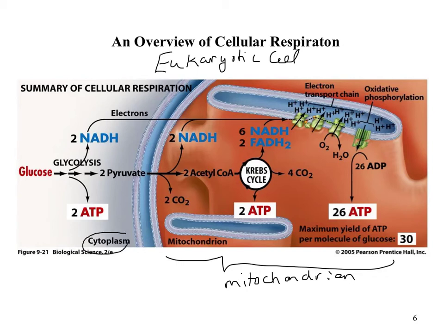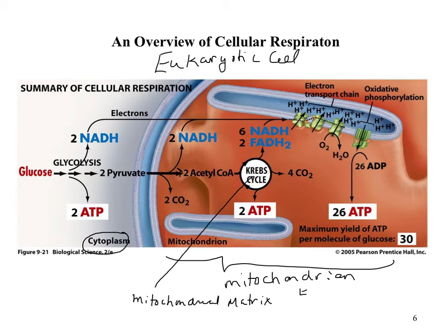Glycolysis is happening in the cytoplasm. The pyruvate has to be transported into the mitochondria to continue aerobic respiration. The Krebs cycle is happening in the mitochondrial matrix. And the electron transport chain is located at the inner mitochondrial membrane.